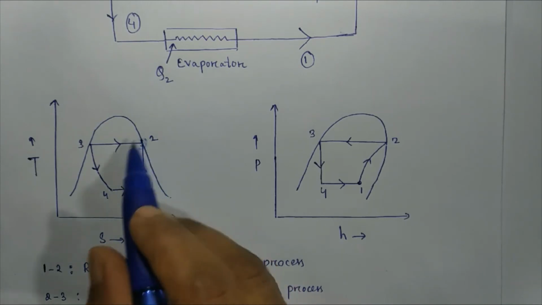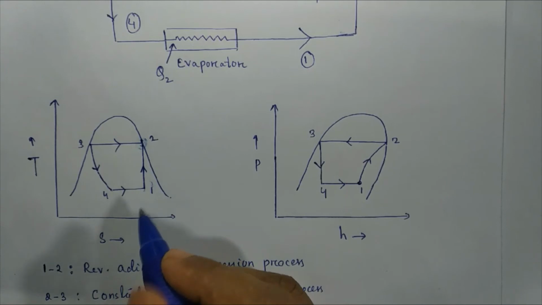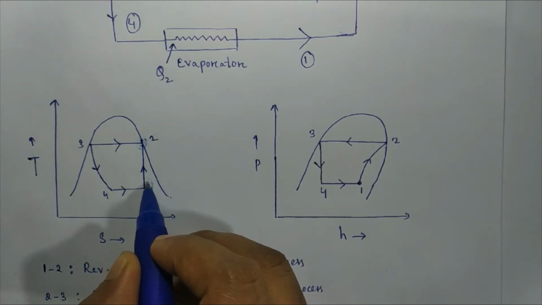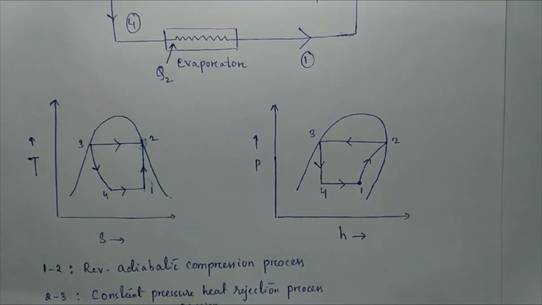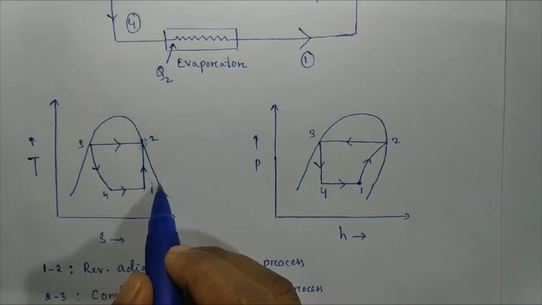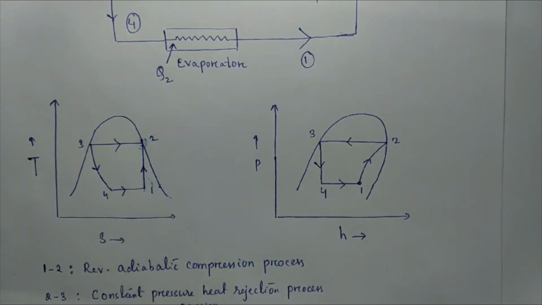So this is considered to be the wet compression process. If the state of the refrigerant is saturated at the beginning of the compression process, it means state 1 lies here, then we can say that is the case of a dry compression process.